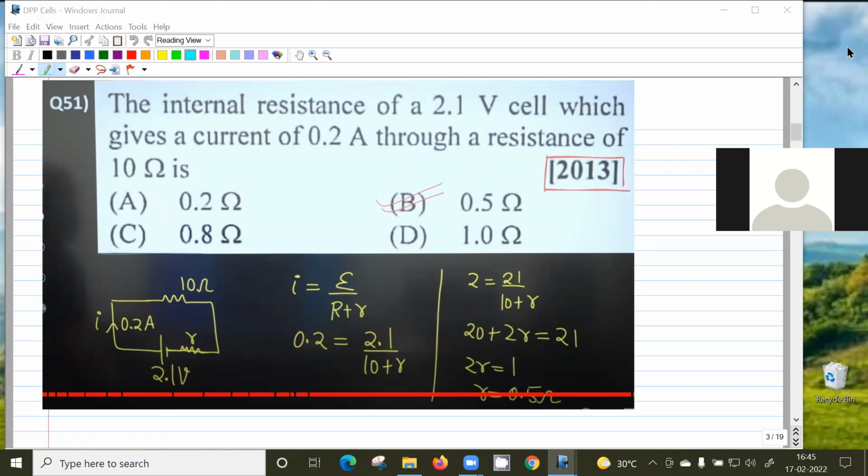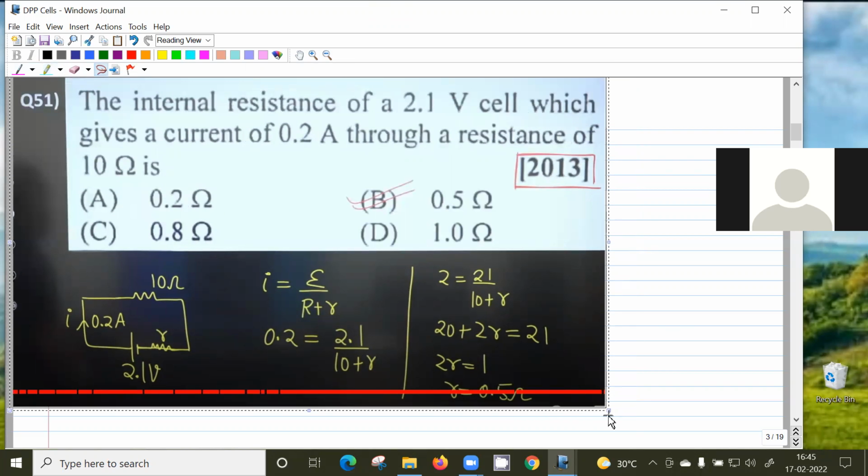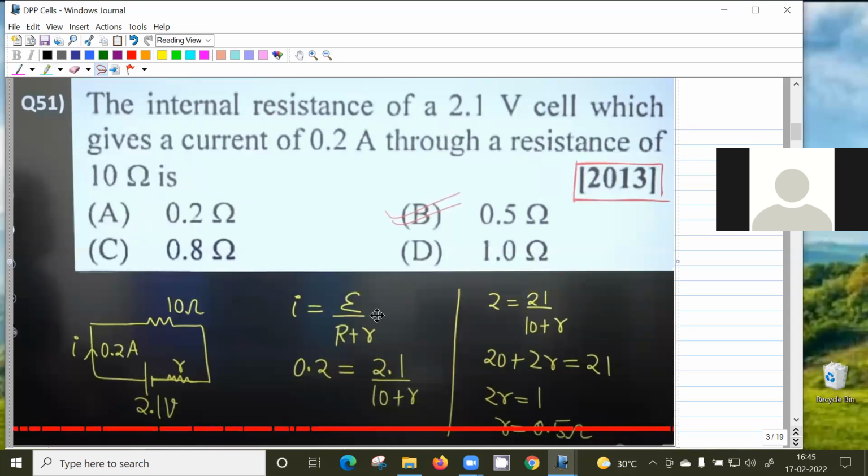Got the answer? One minute. Question is clear, no? 0.5. Yeah. So this is a circuit.